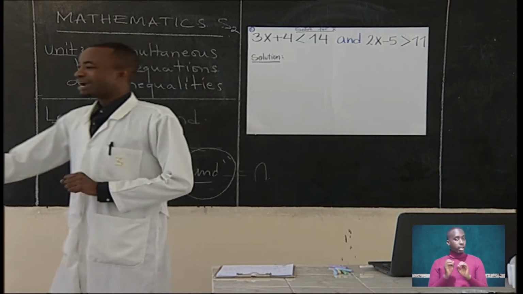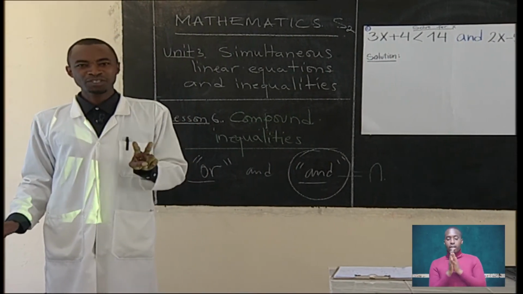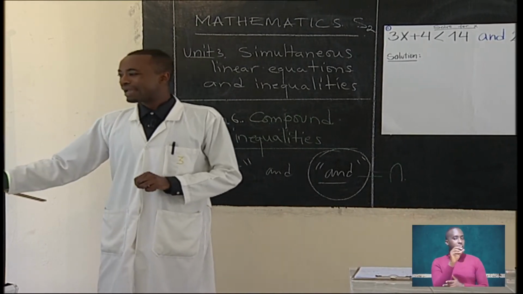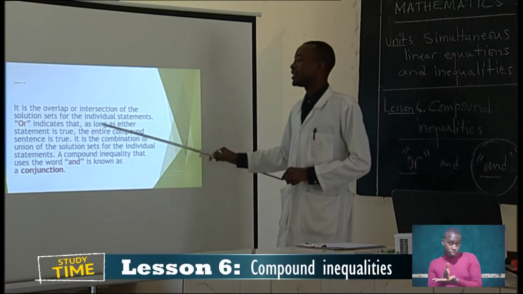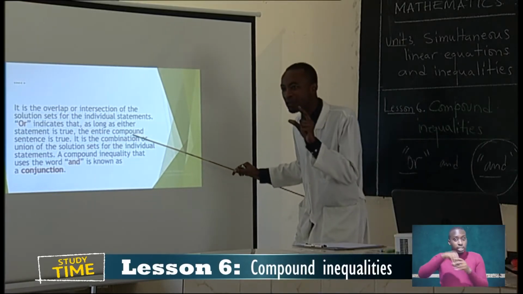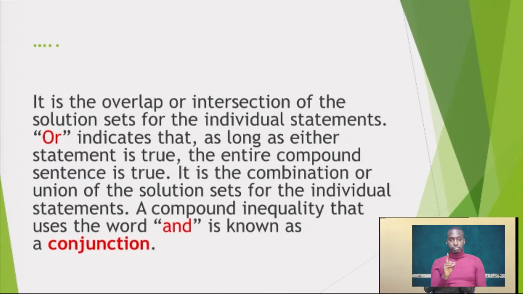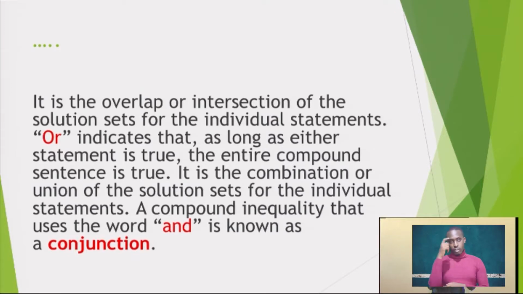When we go to the word or, in case you have 2 statements, and between those 2 statements we have the word or, this word or indicates that as long as either statement is true, the entire compound, here I want you to understand, the entire compound, underline this, the entire compound sentence is true. It is the combination or union of the solution sets for the individual statements.